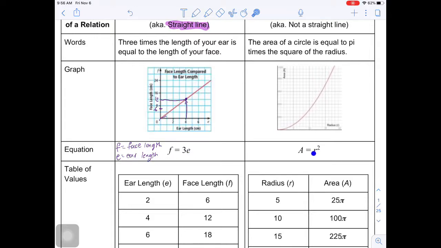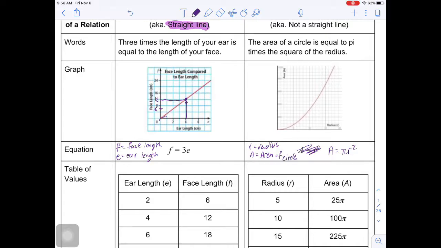Over here, R is your radius there, okay? This equation is actually not true. It should say area equals pi r squared. I must have missed putting the pi in there. That's okay. Okay, where R is your radius and A is your area, and in this case of a circle.